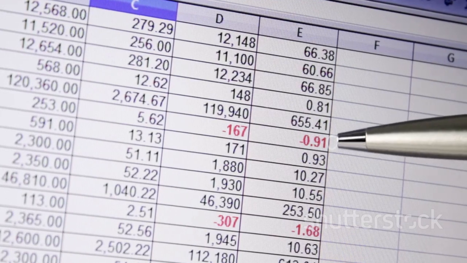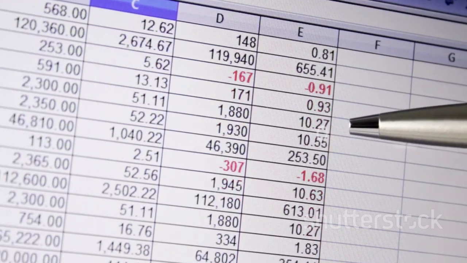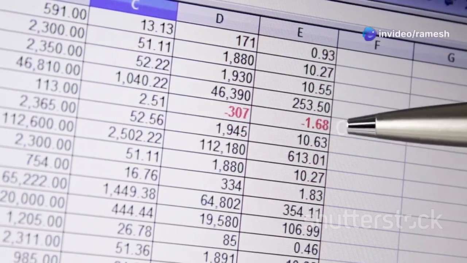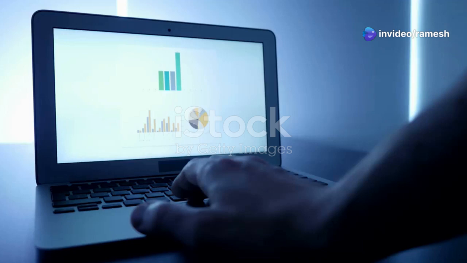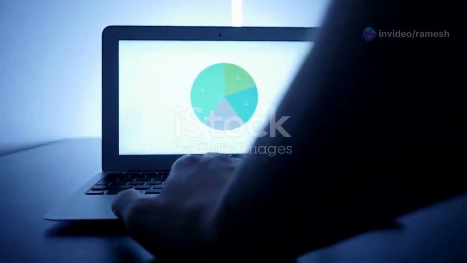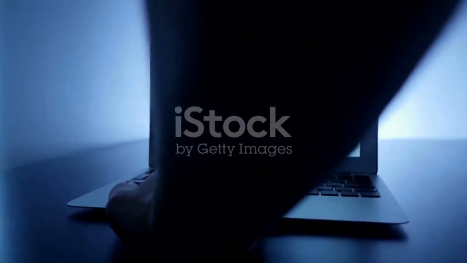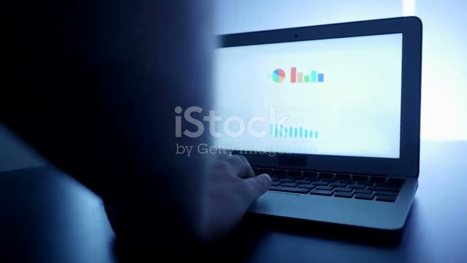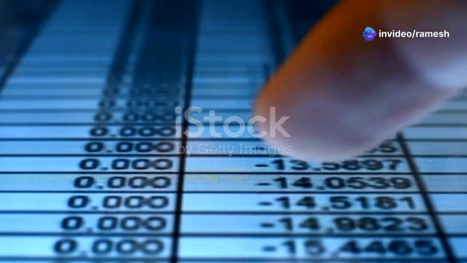Detecting missing values might seem straightforward, but it involves more than just spotting blank cells in a spreadsheet. Effective detection requires a combination of visual inspection and programmatic approaches to understand the extent and pattern of missingness. The first step is often a visual scan of the dataset.